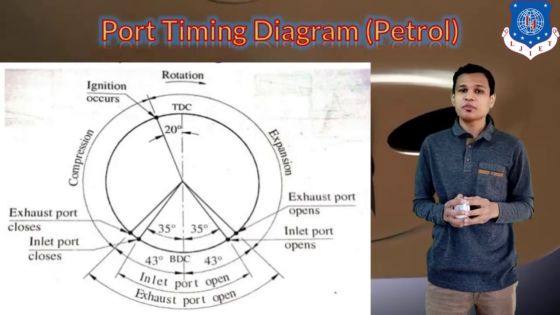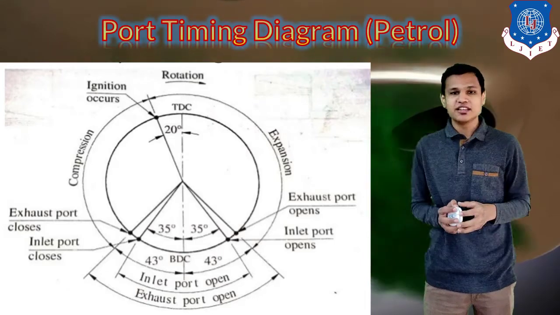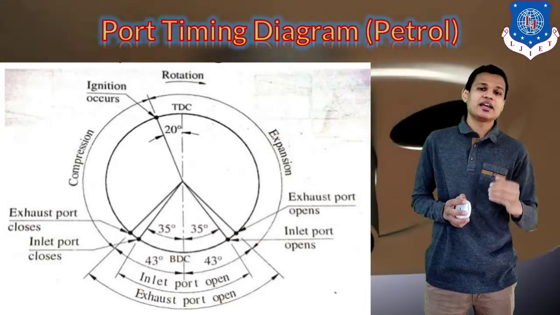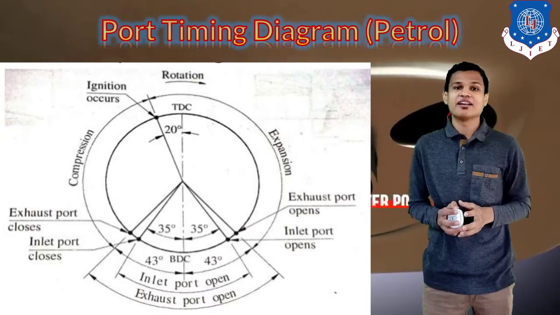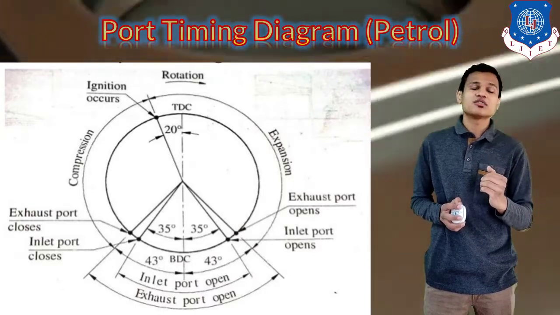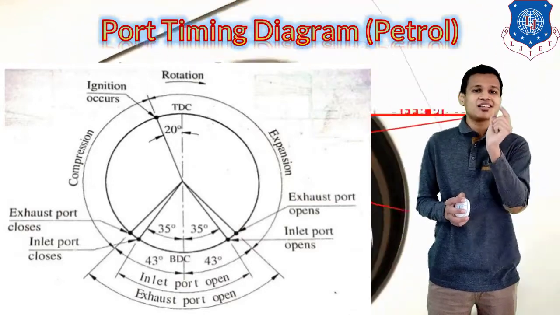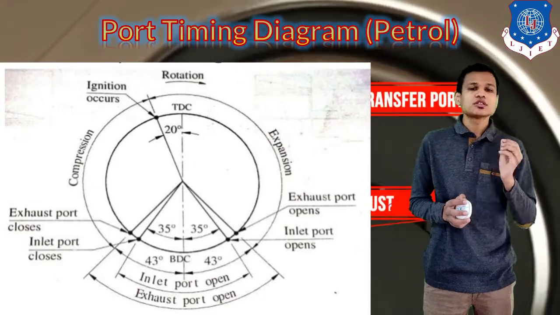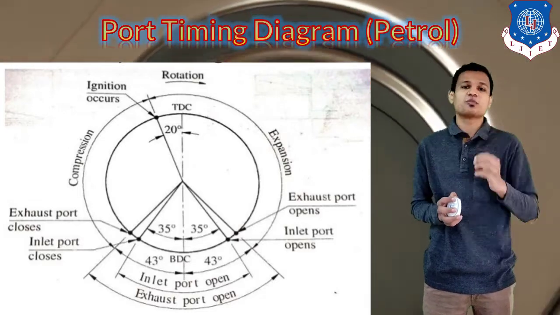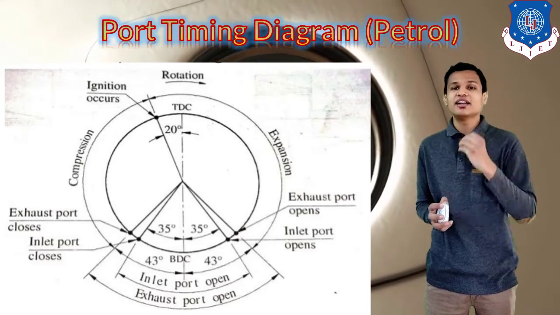Theoretically the spark should be given after the compression process, but in the actual case we give the spark earlier, which is known as spark advance. Spark advance is necessary because when we apply the spark, the burning of the fuel takes a little bit of time.